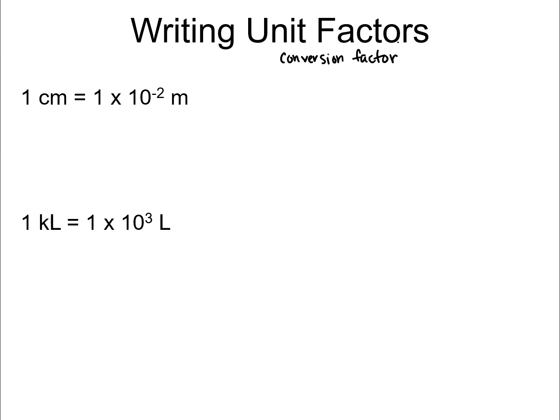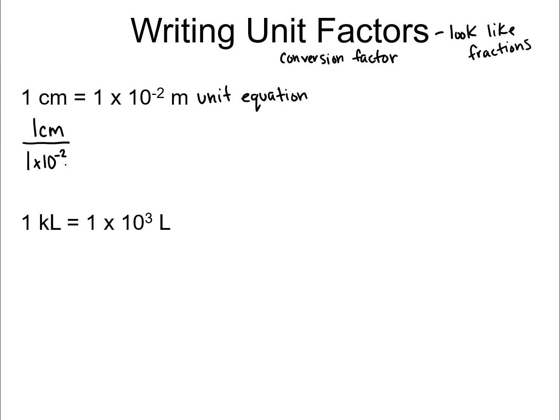Unit factors, same thing as a conversion factor, and they look like fractions. You take your unit equation, which has an equal sign, so you can keep them straight in your head. You take one of the numbers, write it as the numerator, take the other number, and put it in the bottom, which is the denominator. That's a unit factor.